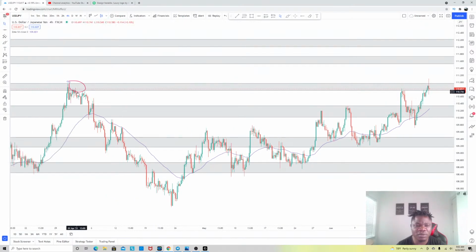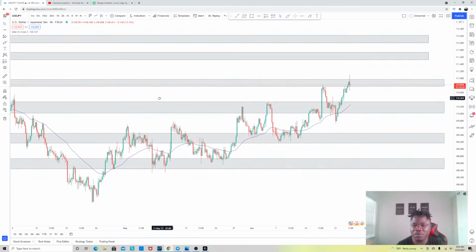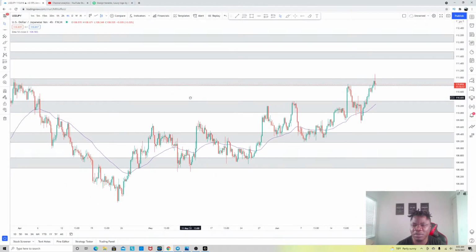If you want to get in on USD JPY, just need price to be above this, right here above like 110.761. Then you can sell this to this net zone over here, and you'll be looking at about 37 pips right there.